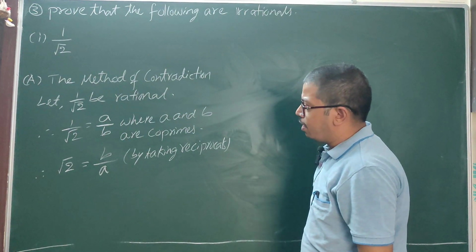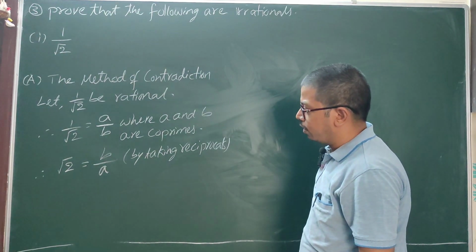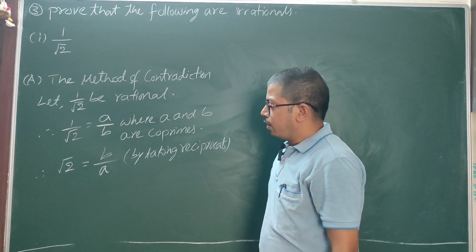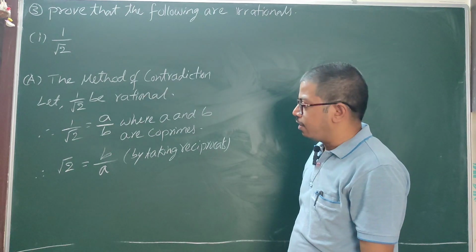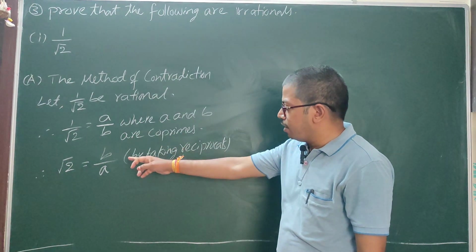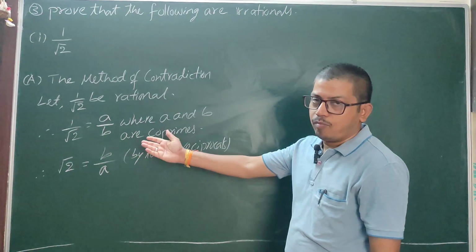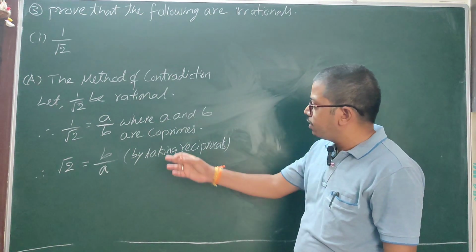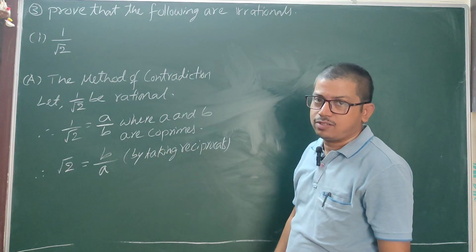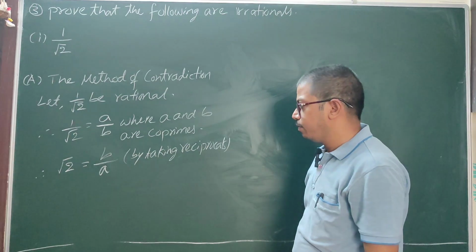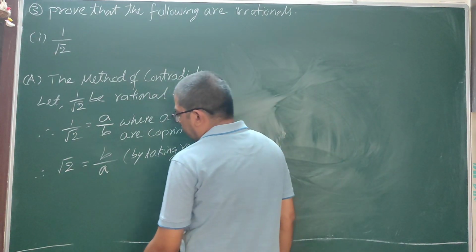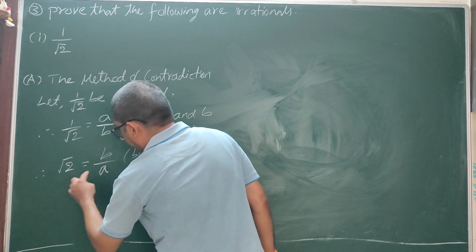A and b are co-primes, so here it makes no sense that a by b or b by a may be of any form. Once a, b are co-primes, then they exist to be co-primes. RHS b by a.